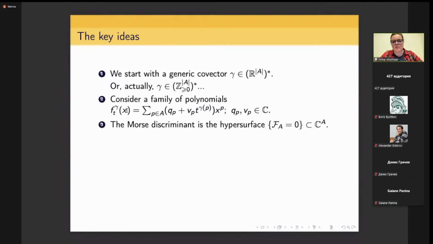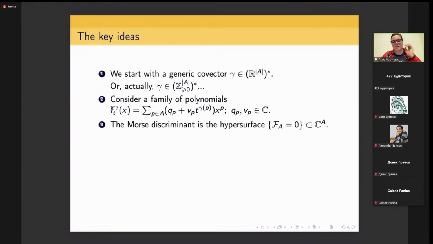I can consider a family of polynomials parameterized by a new parameter t with coefficients of the form q_p plus v_p times t to the power of the coordinate of this covector. And the Newton polygon of such a polynomial, if viewed as a polynomial in two variables, is again going to be this same old tent that I've been talking about before.